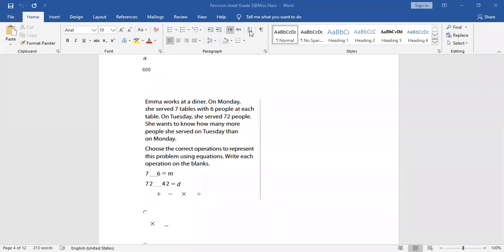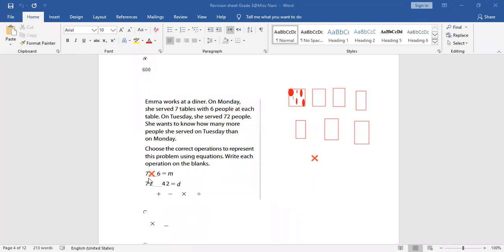So if we draw the 7 tables, 1, 2, 3, 4, 5, 6, 7 tables, and we have 6 people sitting at each table, 1, 2, 3, 4, 5, 6, and here 6, 6, 6, 6. So to get the whole number, we use multiplication. So the first one is multiplication.